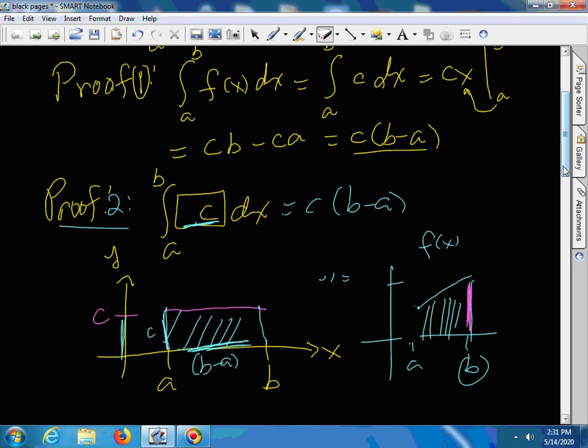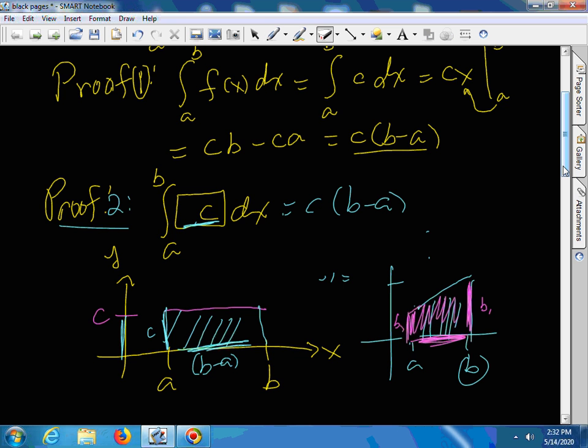The formula for the area of the trapezoid is base 1 plus base 2, over 2, times the height, and the height is just b minus a. So we could compute this.